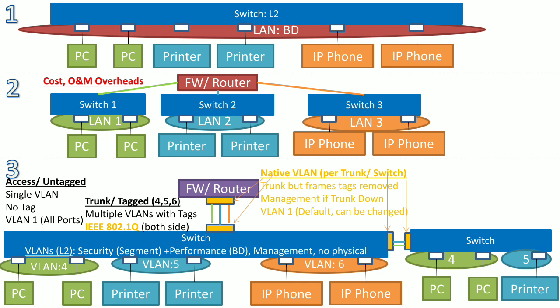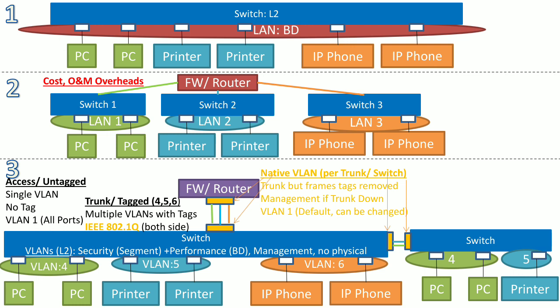This native VLAN does not have any VLAN ID tag, and it is defined per trunk. This native VLAN ID should be the same on both sides of the trunk link, that is on the router and on the switch, or between two switches.